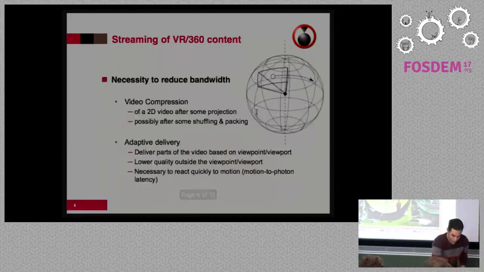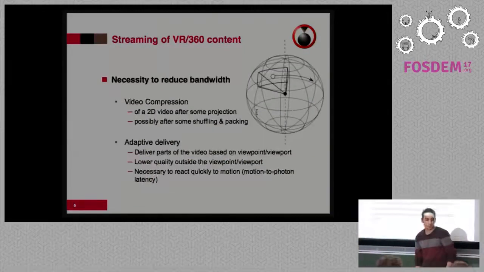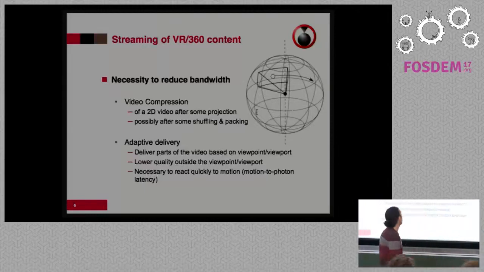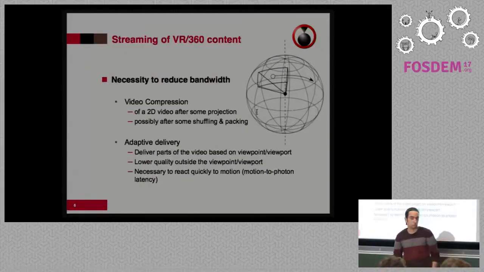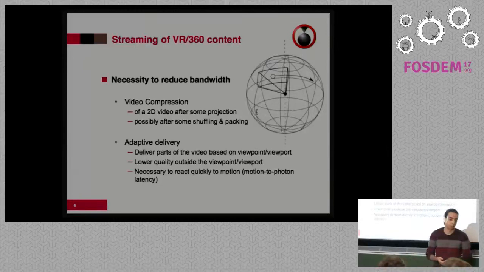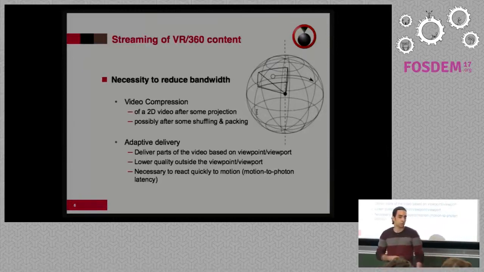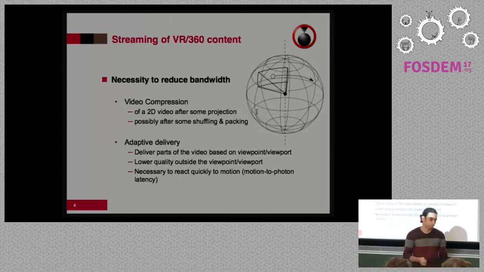To achieve this, we have the necessity to reduce the bandwidth. We can do this by acting on the compression, with a compression of 2D video after some projection or some shuffling and packing.